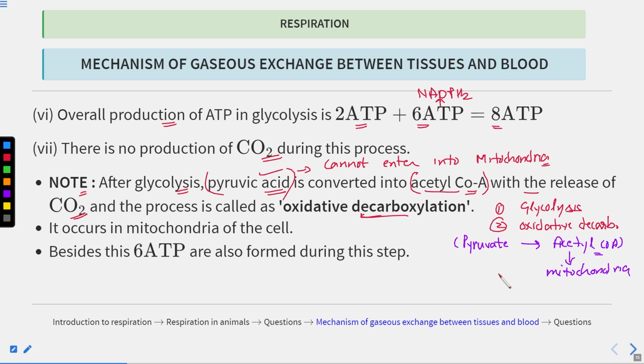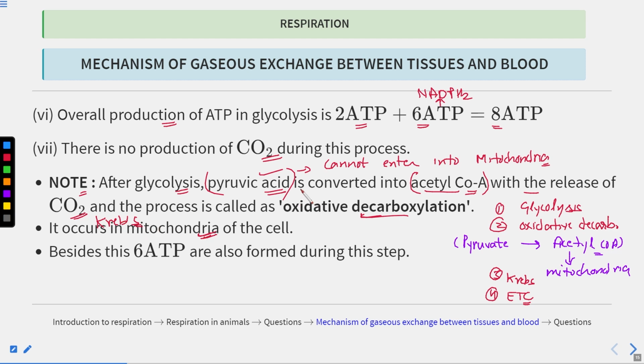Then after that, you can write third will be the Krebs cycle, and fourth will be the electron transport chain. Now this Krebs cycle takes place in the mitochondria. So we can write Krebs cycle, it occurs in the mitochondria.